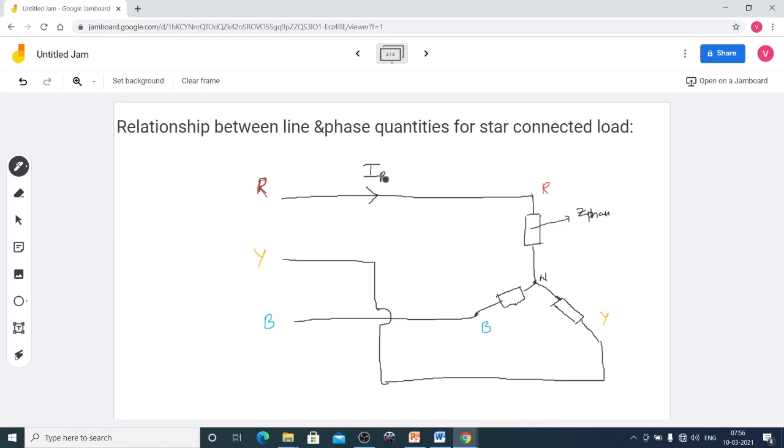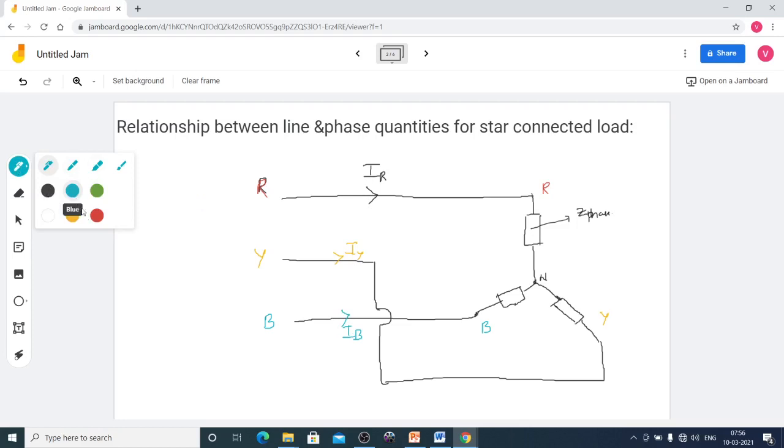The Y phase supplies the line current IY, whereas the B phase supplies the line current IB.